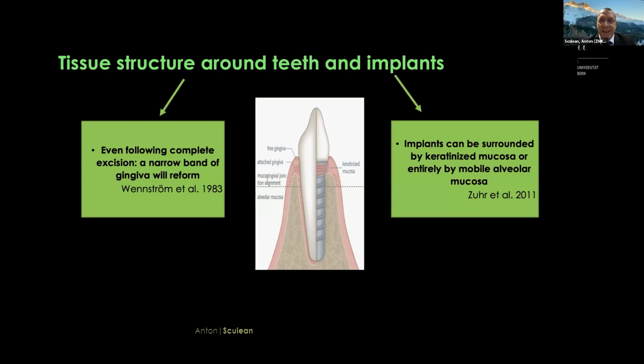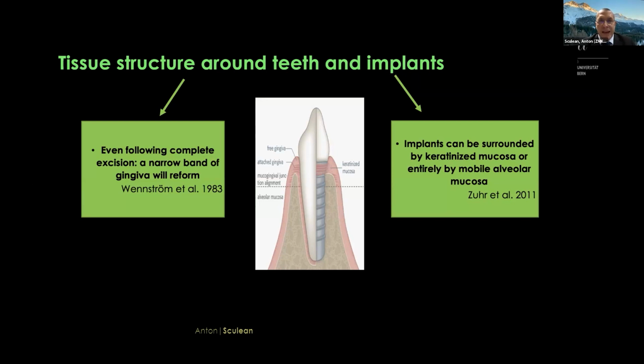When we discuss the healing of soft tissues at implants, we have to keep in mind that we are going to have a direct contact between the implant surface and the bone. We do not have a periodontal ligament.